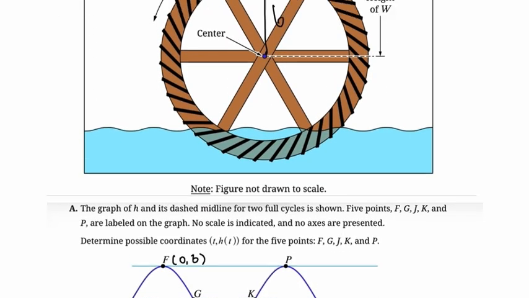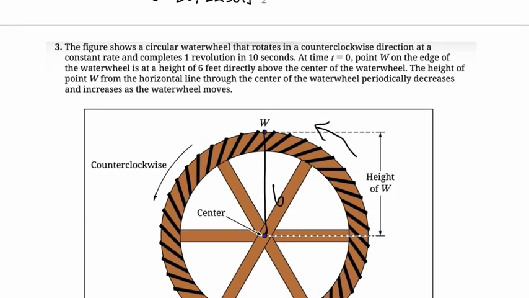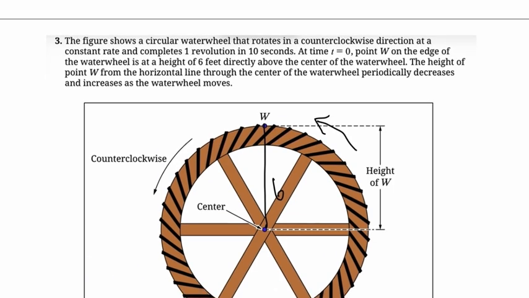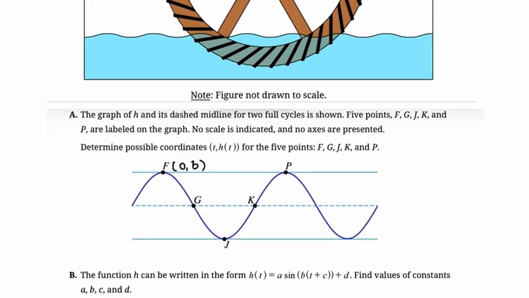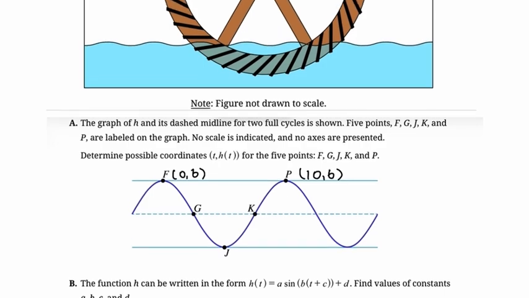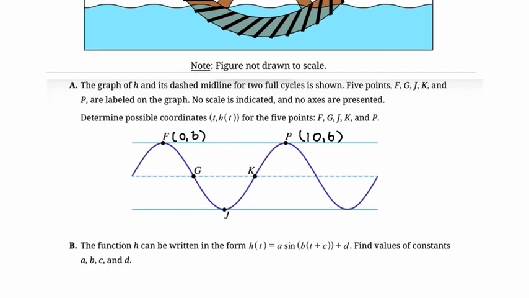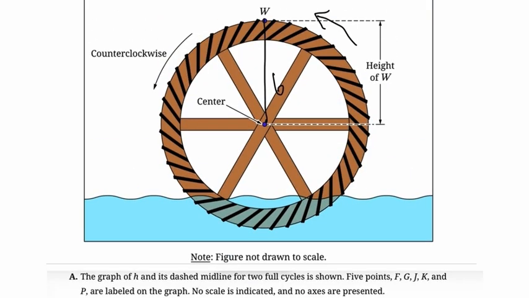The prompt also says that the wheel completes one revolution in 10 seconds, so 10 seconds after, it will be at the same distance, which is 6 feet from the center. Then, based on the distances, J is between 0 and 10, so it must be at 5, and that is when W is here, so this would be -6.